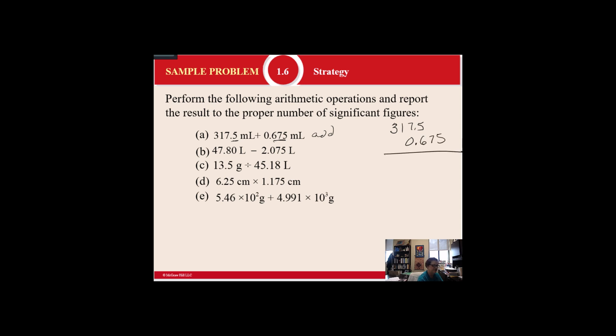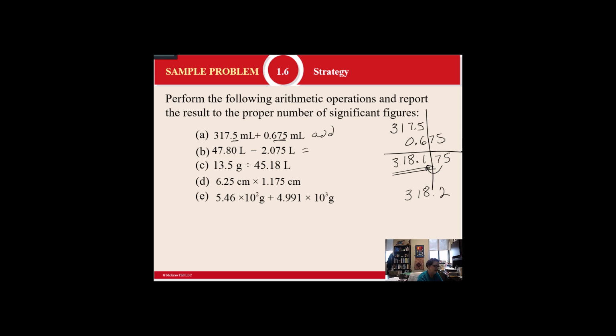And when you're doing it, draw a little line like that. That'll show you 318.175, okay? And so that shows you that you're going to use this many, but you're going to have to round that last one up because the next one was a 7. So your answer would be 318.2.